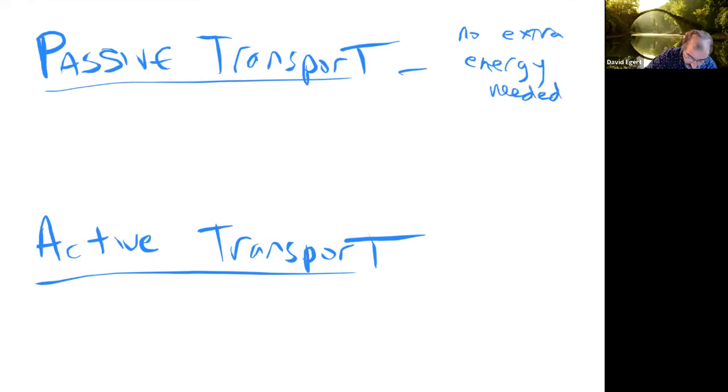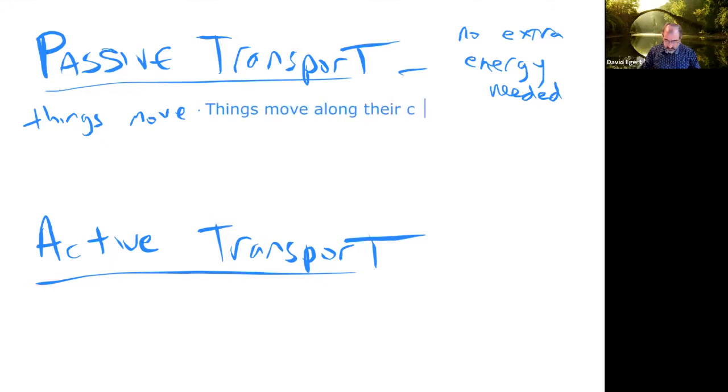So basically, things move along their concentration gradient from higher to lower concentration.